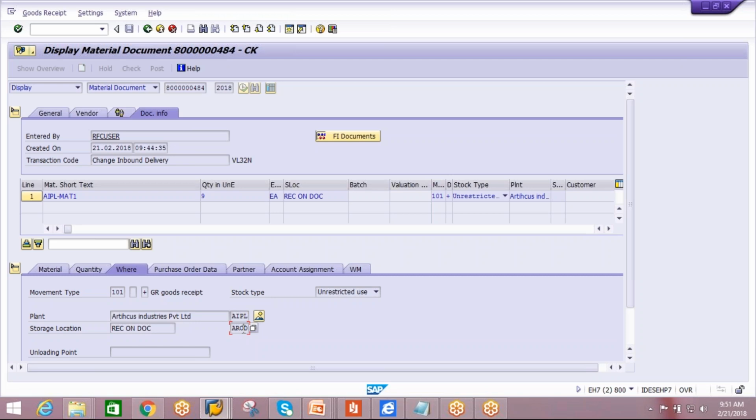One more 411 movement document is created from storage location to storage location, against the put away.